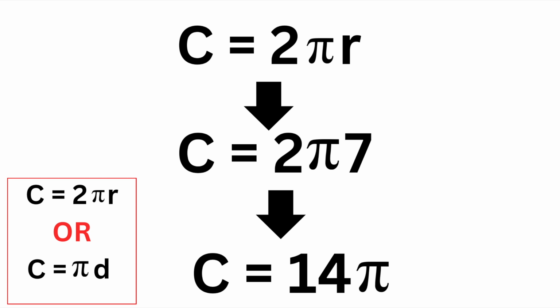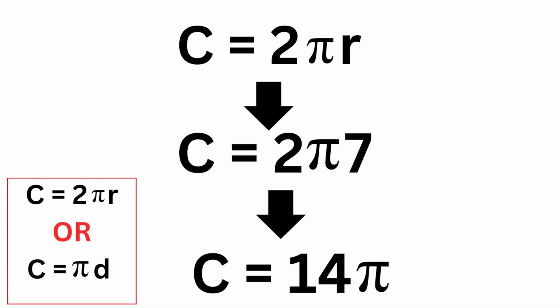So when we plug that all in, we get C equals 2 times pi times 7. When we take it a step further, we multiply our 2 and 7, which gives us 14, and that's how we end up with C, our circumference, equals 14 times pi.